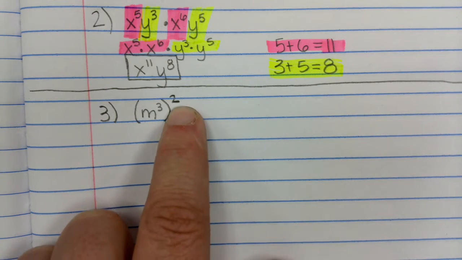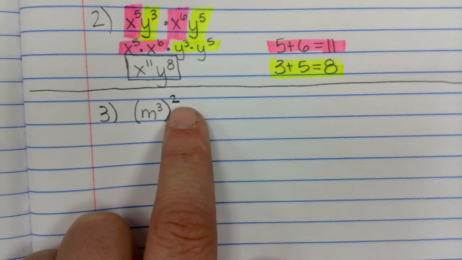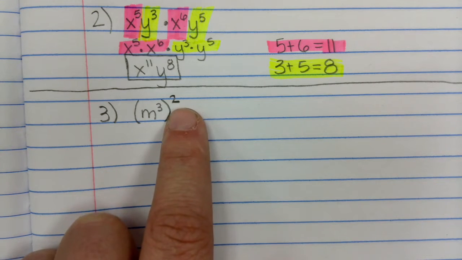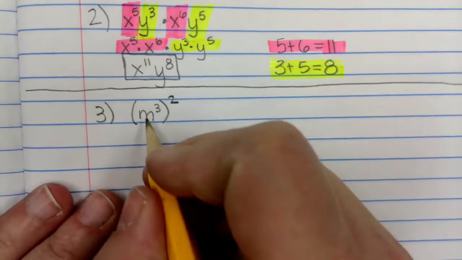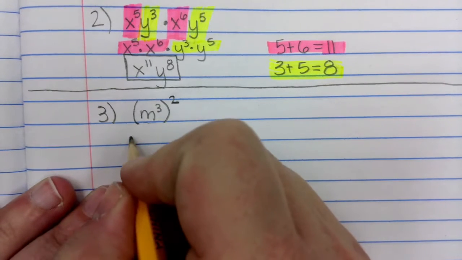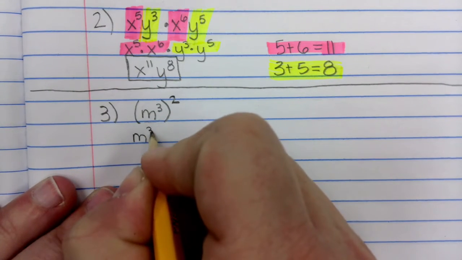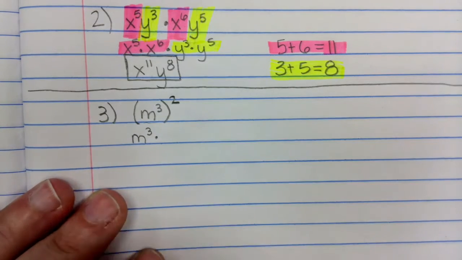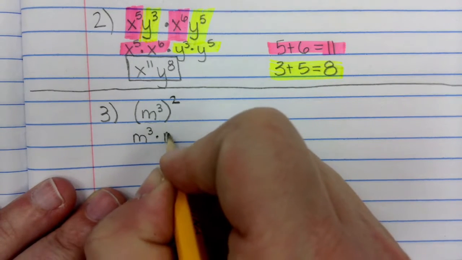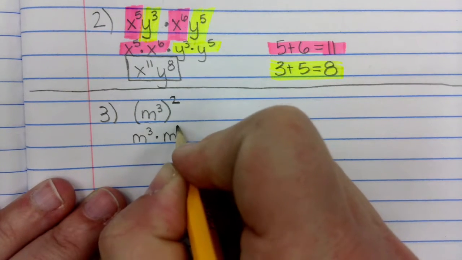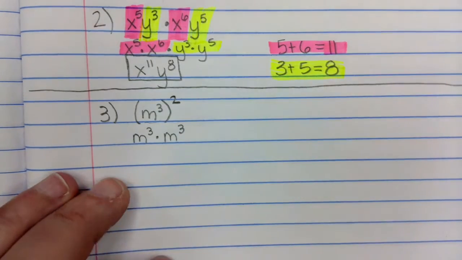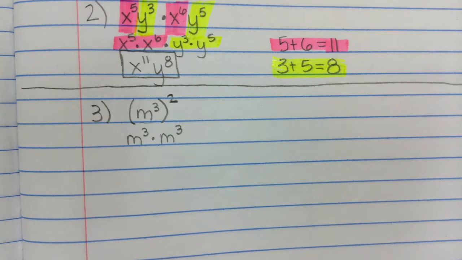It's an exponent. It's 2. What are we going to have 2 times? M to the third. That's on the inside. So this is going to be broken up into m to the third times another m to the third. We have that m to the third 2 times.